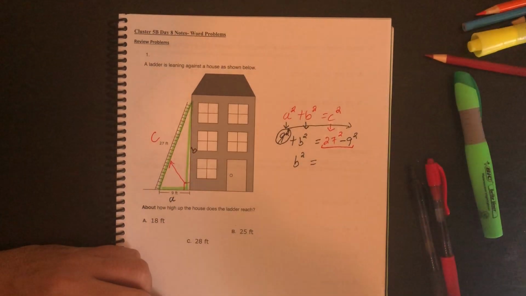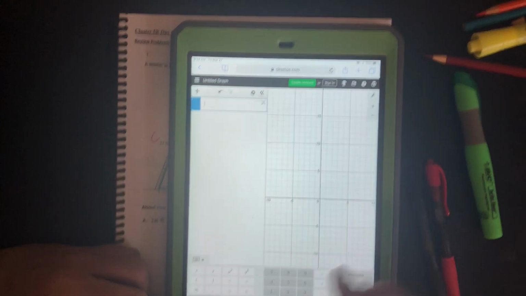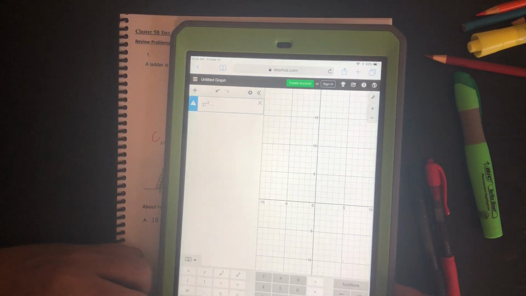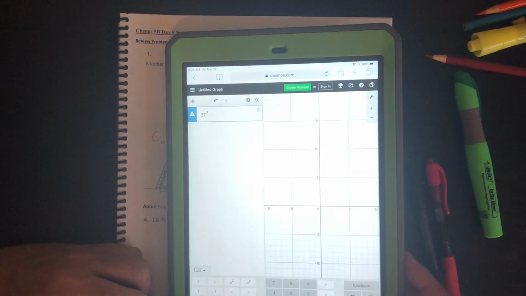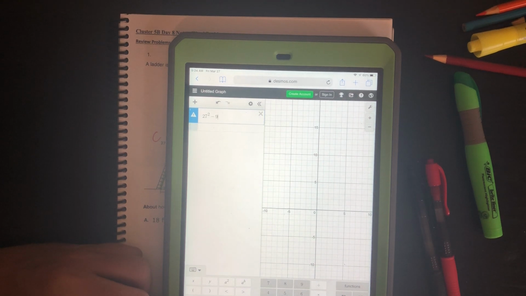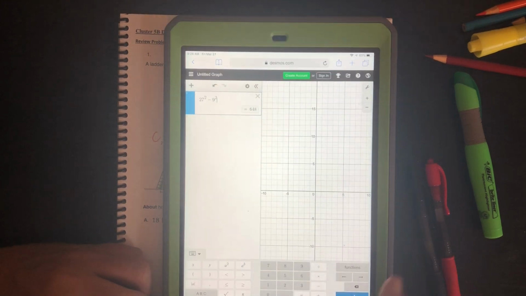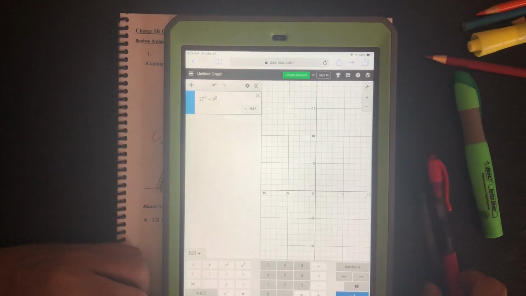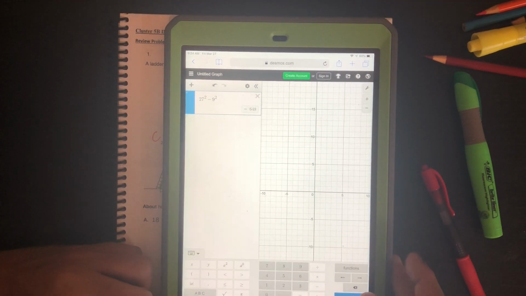So our problem is 27 squared minus 9 squared. Okay. And 27 squared minus 9 squared is just 648.